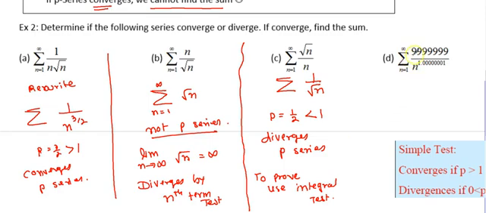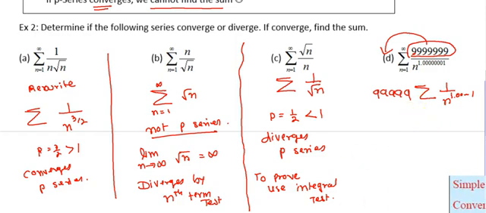Okay, so how about here? We have such a huge number, 99999 over n to the 1 point something. Remember, this is just the coefficient. You can pull it out. Whatever those 99999, if I rewrite it, it is actually n to the 1.00001, and whatever that number is, it is still greater than 1.